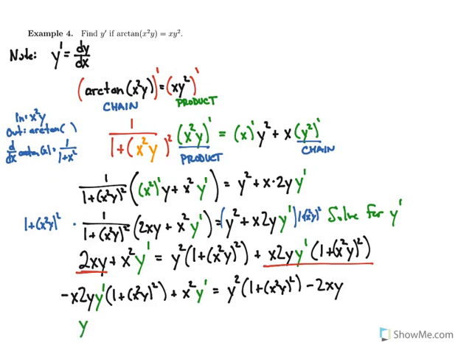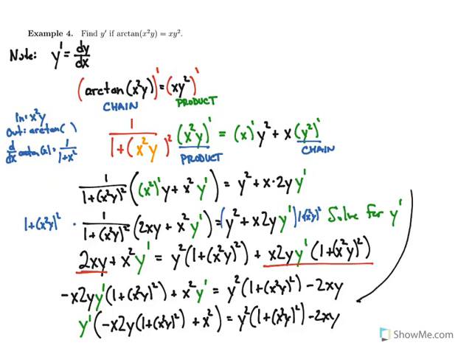And then I can factor out the y prime, which is what we're trying to do, and we're left with this big nasty thing, minus x 2y times 1 plus x squared y squared plus x squared equals everything on the right-hand side.